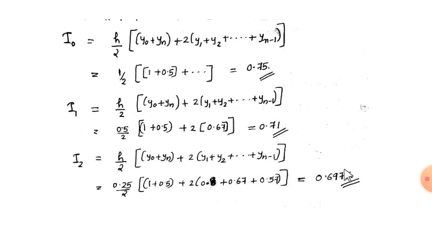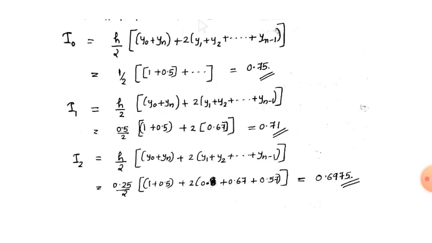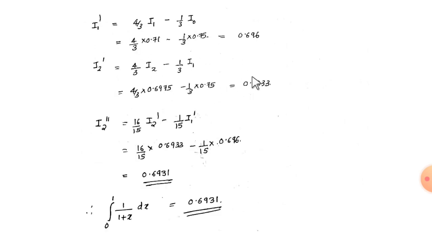After finding I0, I1 and I2, you have to find I1 dash and I2 dash. I1 dash will be 4 by 3 I1 minus 1 by 3 I0. The values of I1 and I0 have been found earlier, so substitute these values in this equation and find I1 dash.